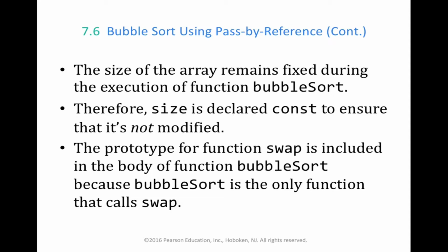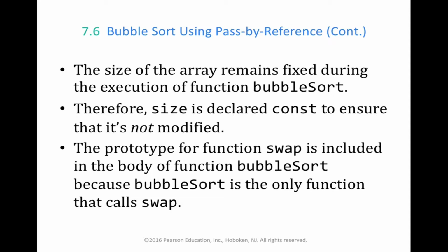The prototype for function swap is included in the body of the function bubble sort, because bubble sort is the only function that will call swap. So we can prototype a function inside the body of another function if that function is going to be the only thing that calls it. Otherwise, I would say put your prototypes at the top of your program.